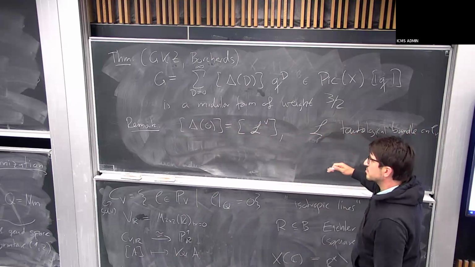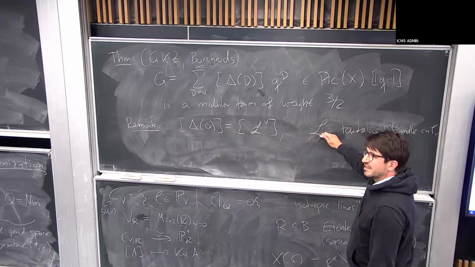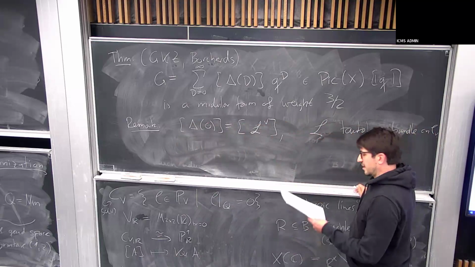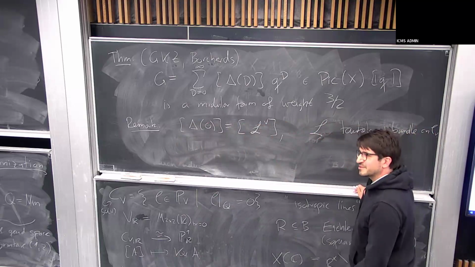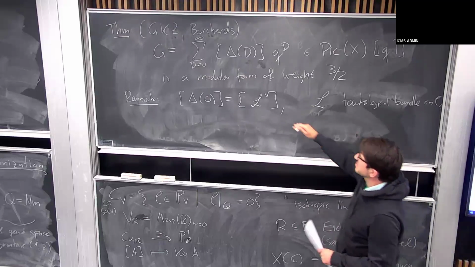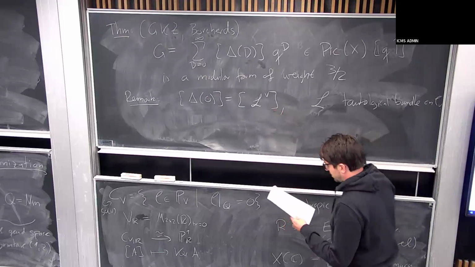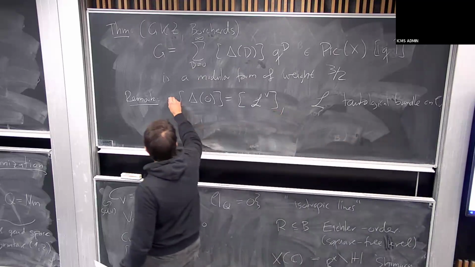So it descends to a bundle on this quotient, and that's what you take. You can also say this is, in this case, the same as a two-dimensional sheaf, or its dual. I'm always confused which one is the right one, but one of two. But that's what you generally have to do also in the higher dimensional case. Okay, so that's the first remark.